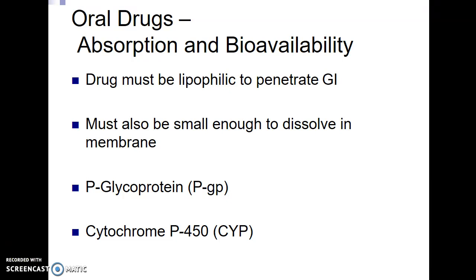A couple of things to know about the gastrointestinal mucosa is that there are some special protective mechanisms in them. So the first is P-glycoprotein, abbreviated PGP, and these are active transport pumps that exist in these cells.